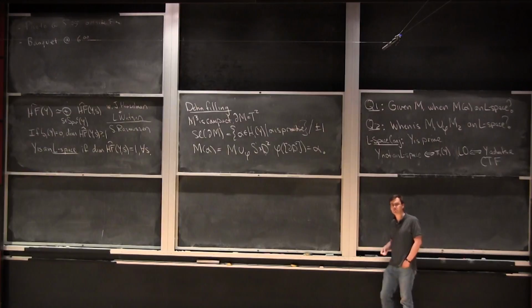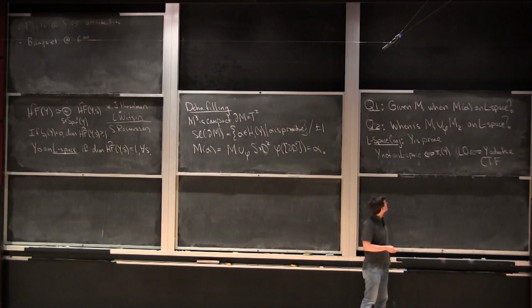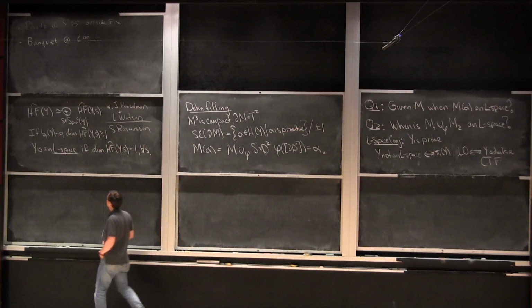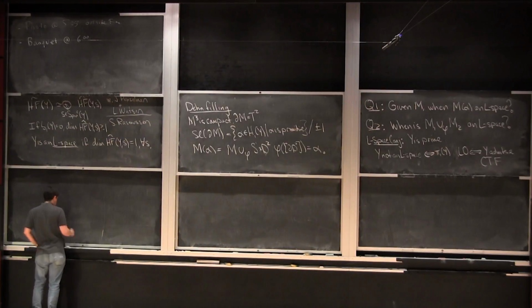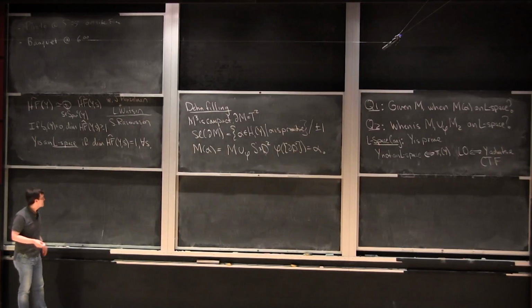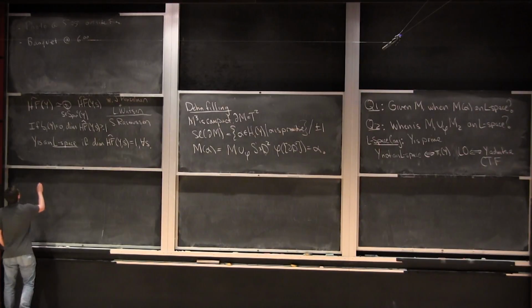So what's the tool we want to use to study these questions? The tool is an invariant for three-manifolds with torus boundary that Liam and Jonathan and I introduced.